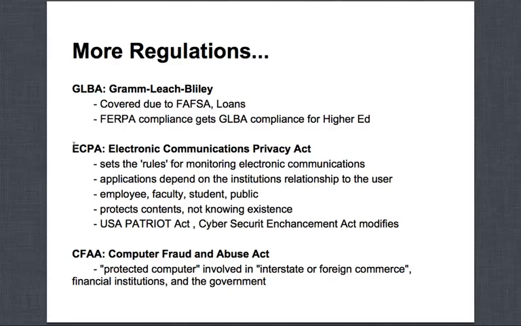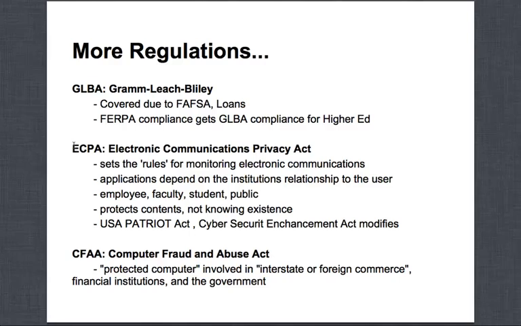Some more regulations possibly run into what we do in higher education. Gramm-Leach-Bliley is one of those things. It's a bit tied to the PCI DSS thing in that it's basically financial information. If you're dealing with anybody's financial information, social security number, bank account numbers, anything like that, you're covered under this.